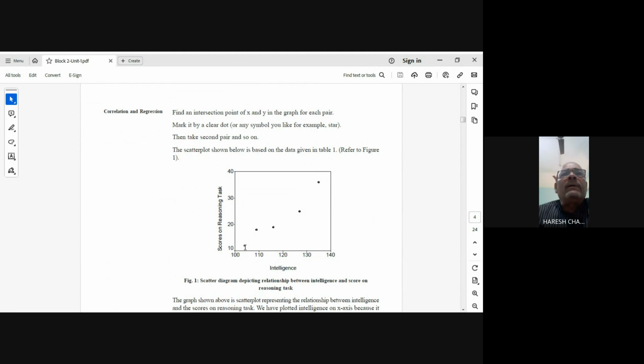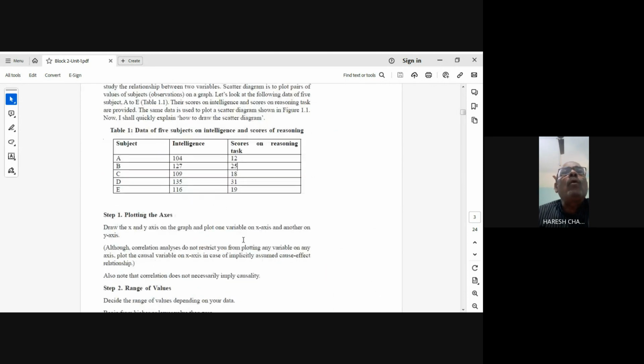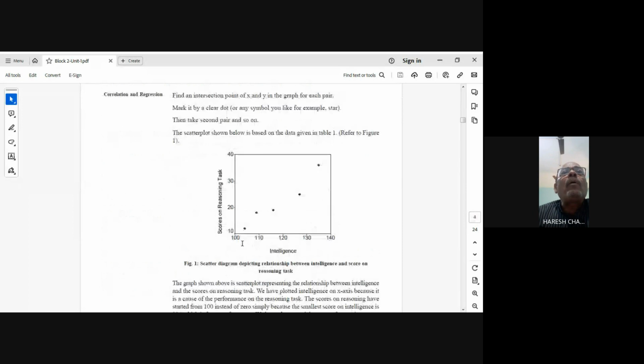Here is someone's score, the first one is 104 and 12. You see, this point represents 104 and 12.